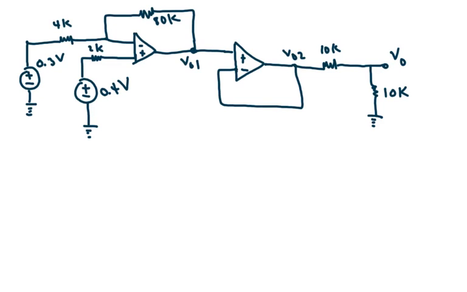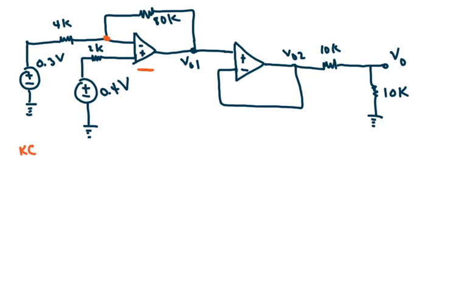Okay, for this problem, we're asked to solve for V out, and we will start with this first operational amplifier. Okay, we will do KCL at the inverting terminal here.